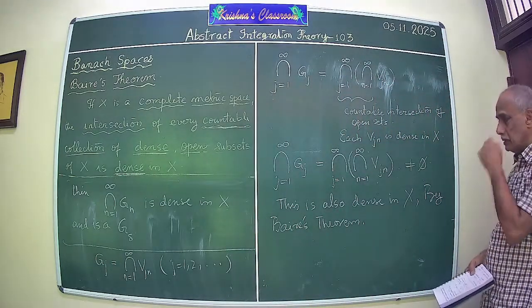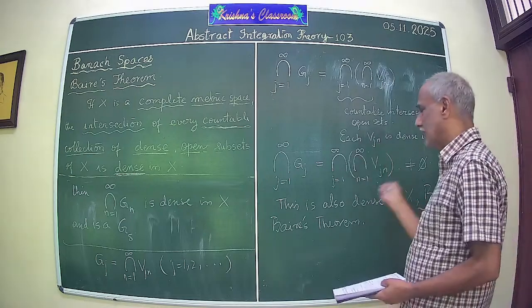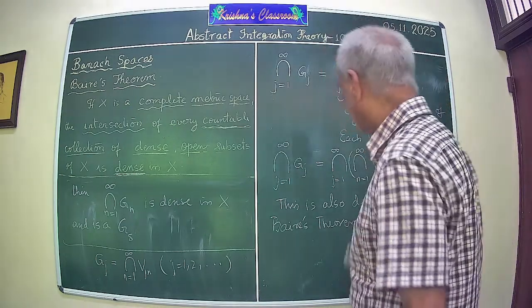That means essentially it is the countable intersection of open sets.